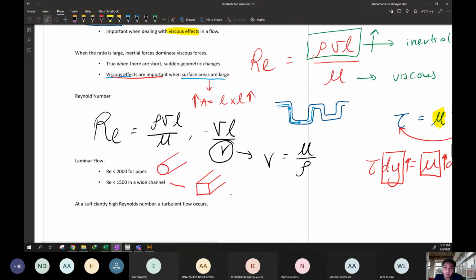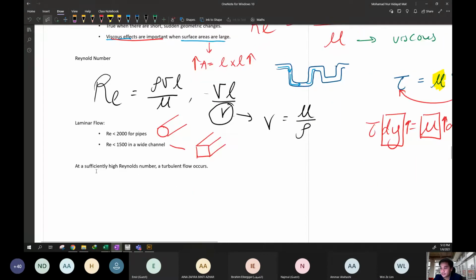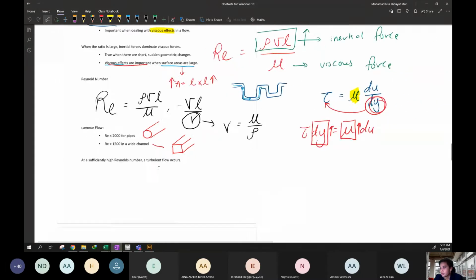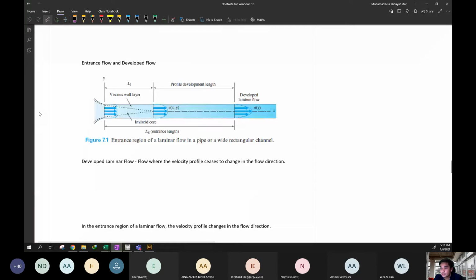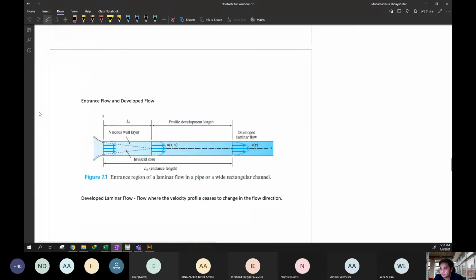An example of laminar flow is our blood through the veins. At sufficiently high Reynolds number, the turbulence will occur.